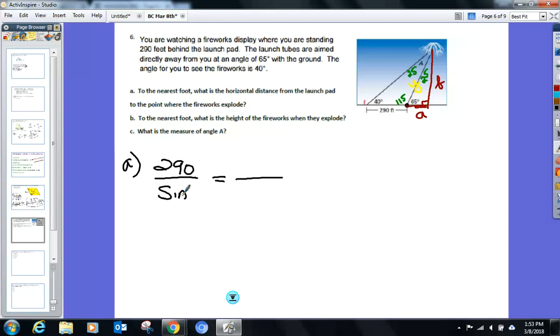What's across from the 290? Which is? We okay? Okay, what other side am I looking for here? Okay, I have y, that's fine. You have z, and then sine of 40. All right, let's cross them up. Is this going to be your final answer in part A? Nope, don't round then.